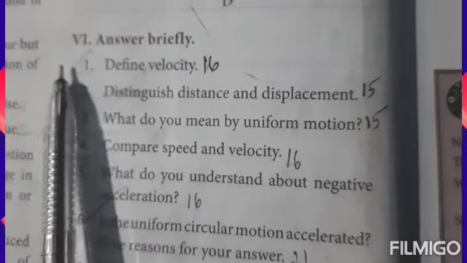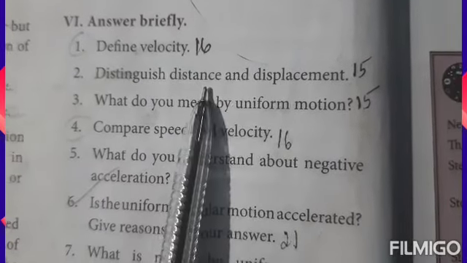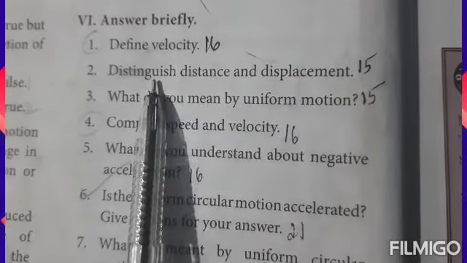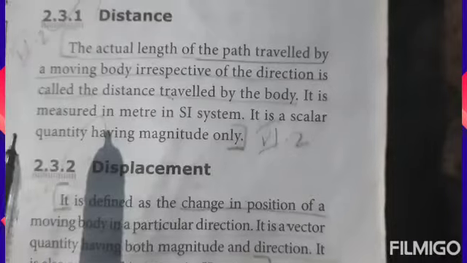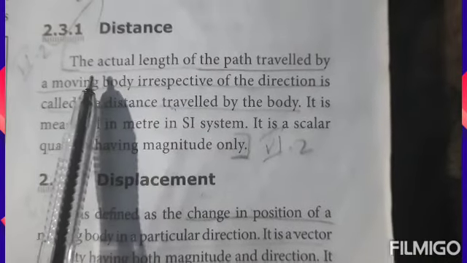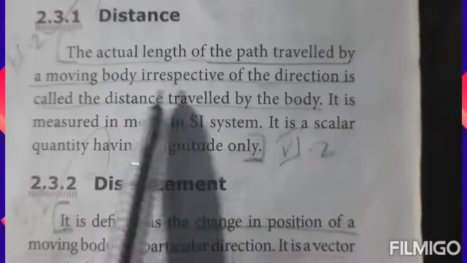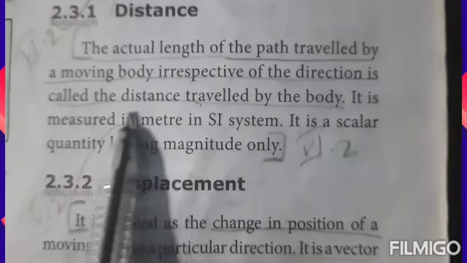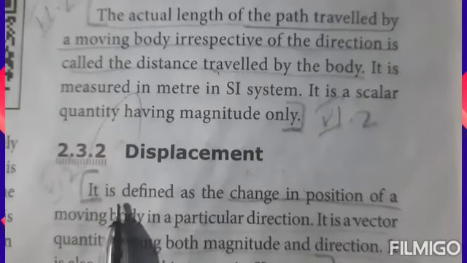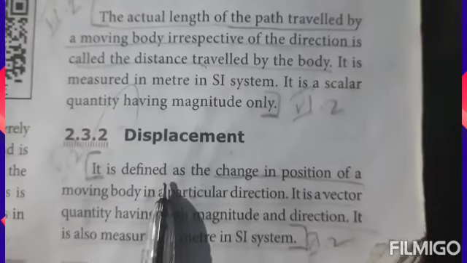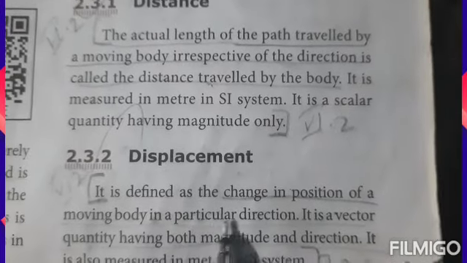The next question, Roman letter 6, question number 2: distinguish between distance and displacement. This is also page number 15. First distance, first point: the actual length of the path traveled by a moving body irrespective of the direction is called distance. Displacement, first point: displacement is defined as the change in position of a moving body in a particular direction.